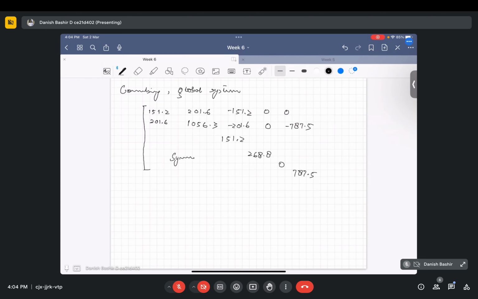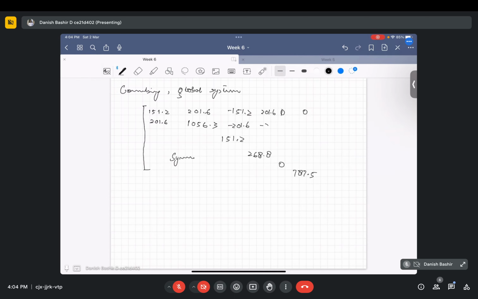Okay, sorry, I messed up here. Then this thing will be along 0 here, and this will be here 201.6. This is along this, and along this it will be 0 again here. This is 201.6.